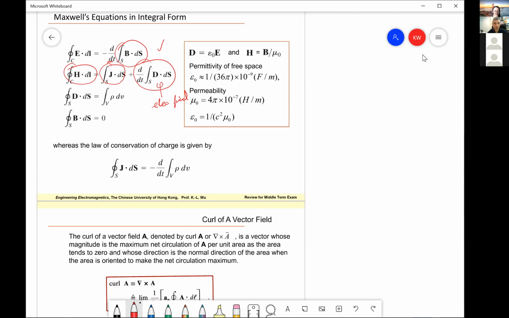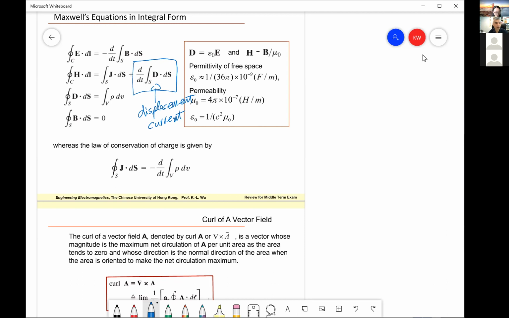Both create a magnetic field. So the magnetic field has two sources. And the most significant contribution in Maxwell equations is this term. What is this? This is what we call displacement current.